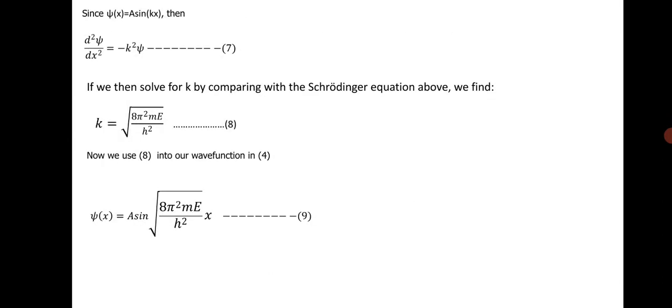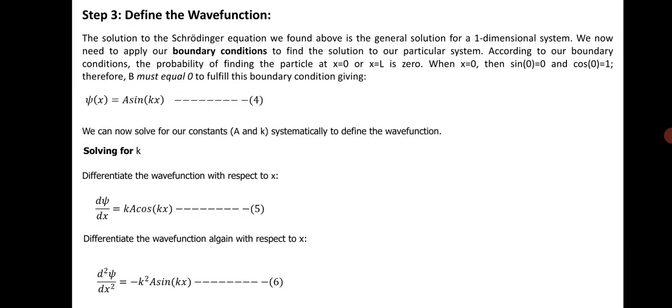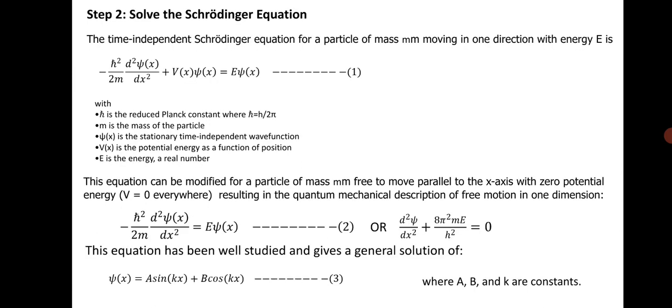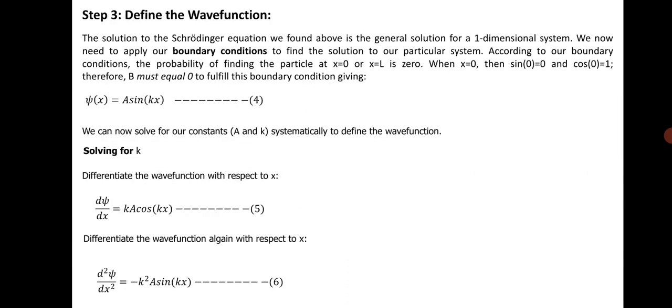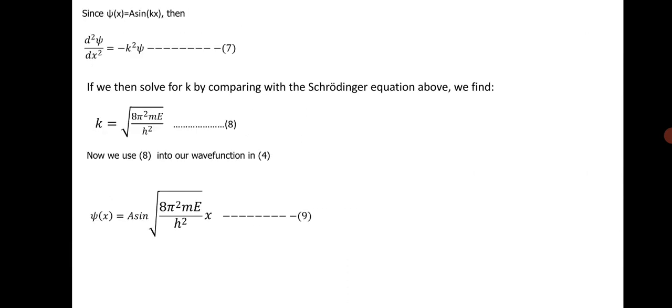That is equation 7. Now if you solve for k by comparing with the Schrodinger equation, we find that k is equal to the square root of 8 pi square mE by h square. How did you get this equation? This is because d square psi by dx square plus 8 pi square mE by h square psi is equal to 0, and you have to compare this equation with d square psi by dx square plus k square psi is equal to 0.